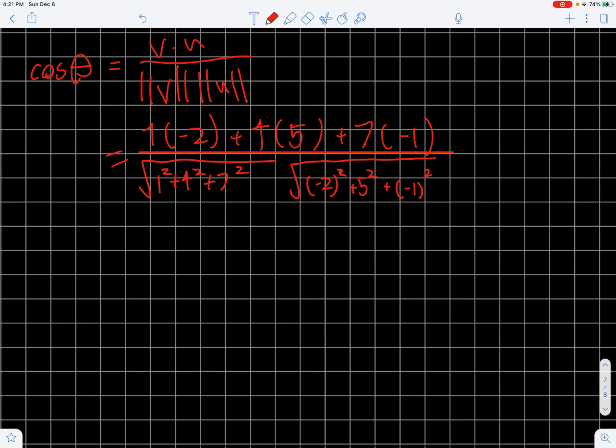All right. Some easy math. We already know that this top part is 11 because we solved for the dot product in an earlier example. This down here, that's 1 plus 16 plus 49, so that's the square root of 56. And that's 4 plus 25 plus 1, so that's the square root of 30.